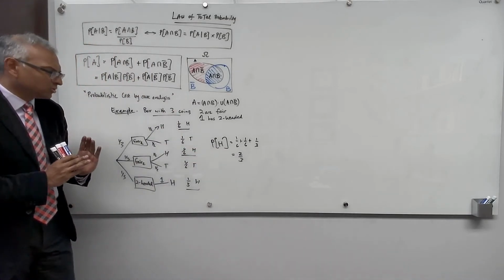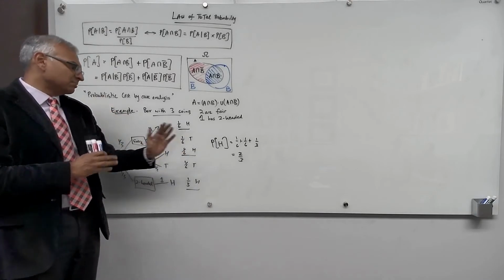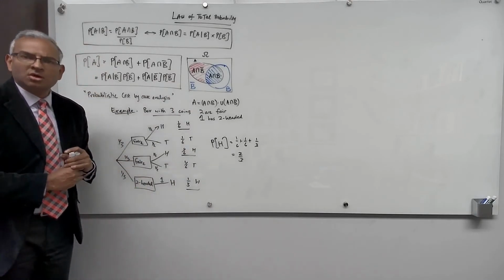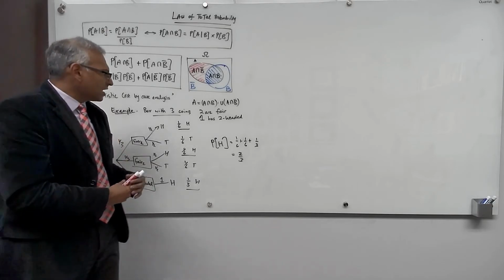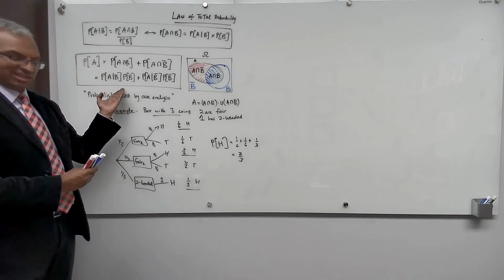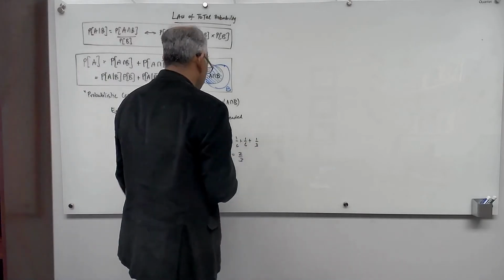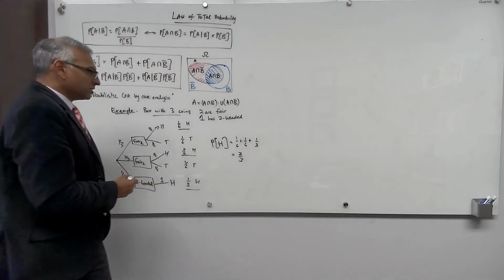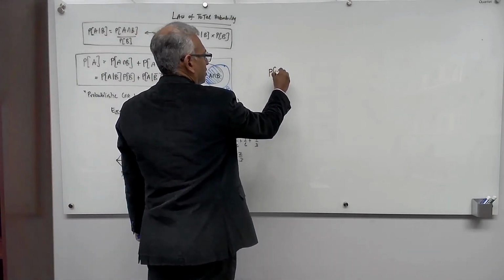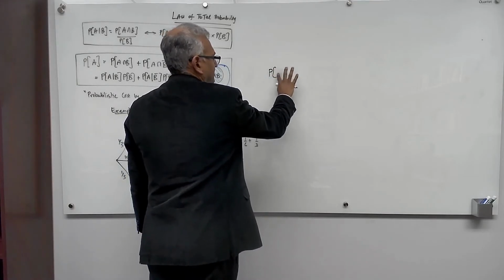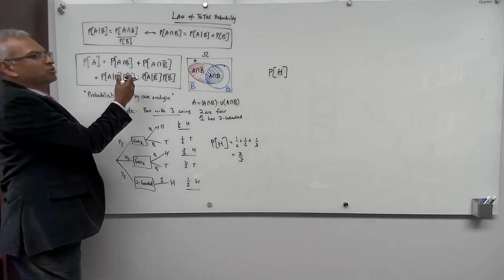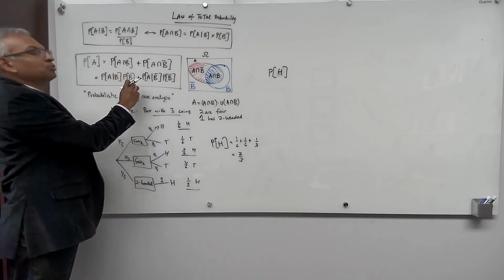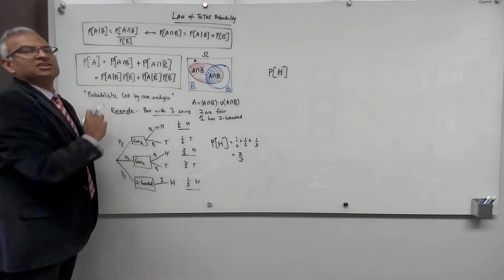Now let me show you how we can easily compute this number without all the sophistication of the outcome tree. The outcome tree always works, but we're going to compute it now using the law of total probability, just to illustrate it. We are interested in the probability of A, probability of heads, and we can consider 2 cases, a case-by-case analysis. Either B happens or B does not happen.